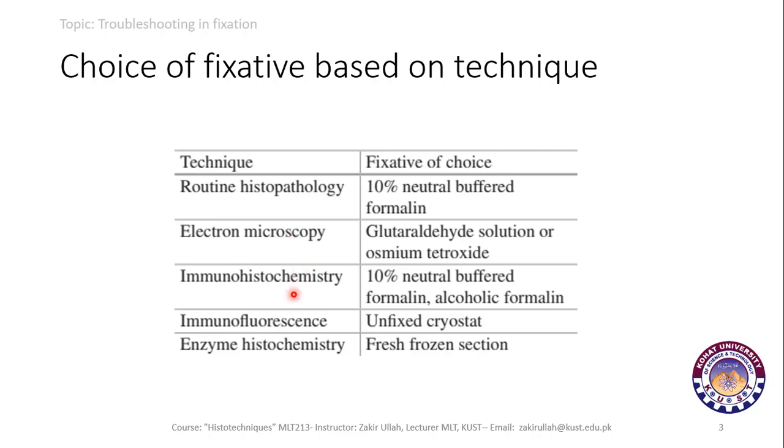For immunohistochemistry, the choice of fixative is 10% neutral buffered formalin, or we can also use alcoholic formalin.